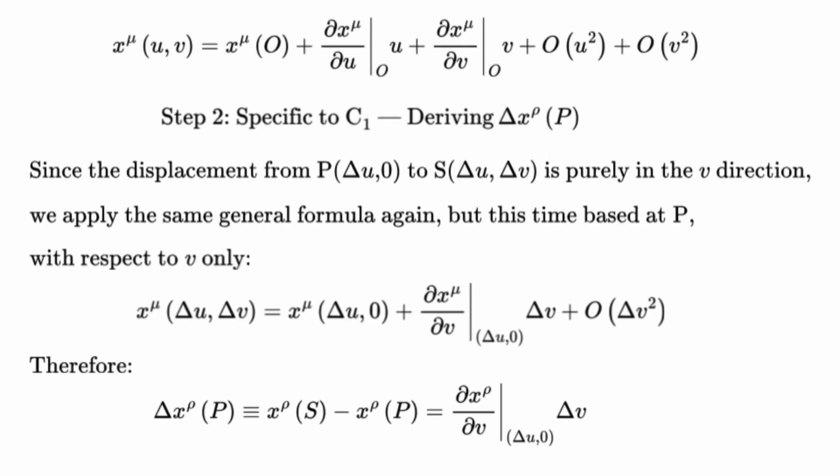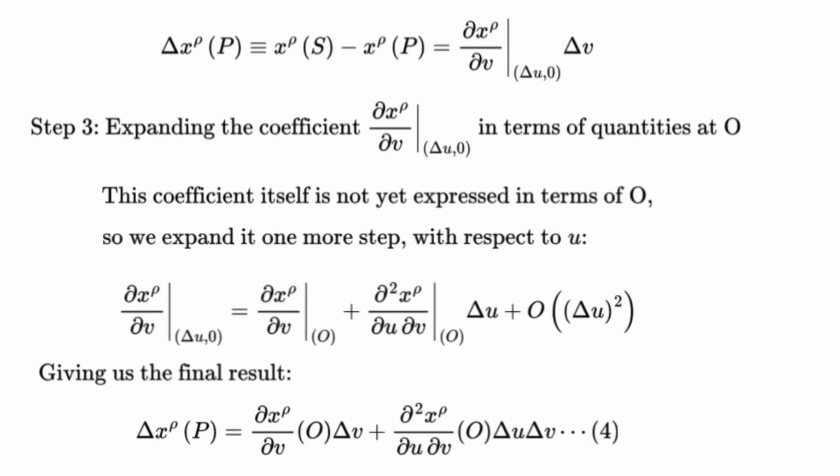Step 2, specific to C1, deriving δx^ρ of P. Since the displacement from P (δu, 0) to S (δu, δv) is purely in the v direction, we apply the same general formula again, but this time based at P, with respect to v only. Therefore, Step 3.